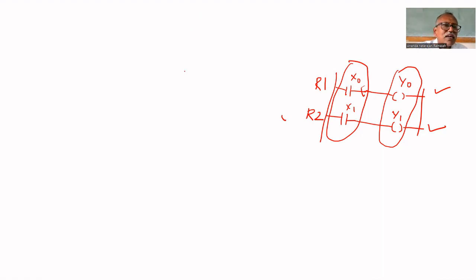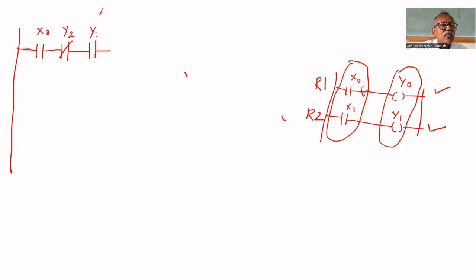For that, the first rung consists of a push button connected at X0, then output Y2 normally closed and Y1 normally open, then Y0.